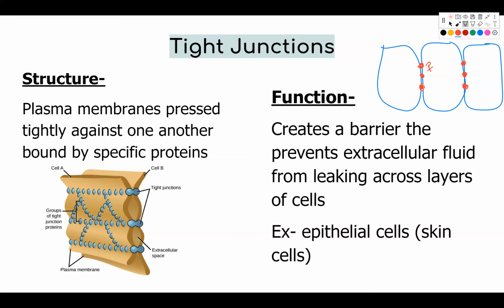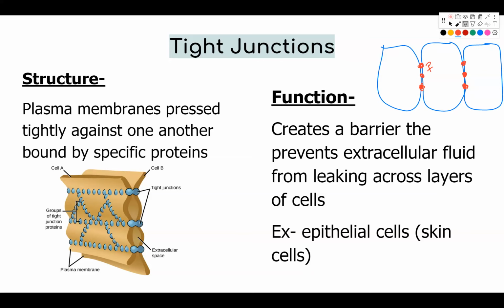This creates a barrier and prevents extracellular fluid, so stuff floating around in the extracellular matrix, from leaking across layers of cells. An example of where this is super important is our skin cells.